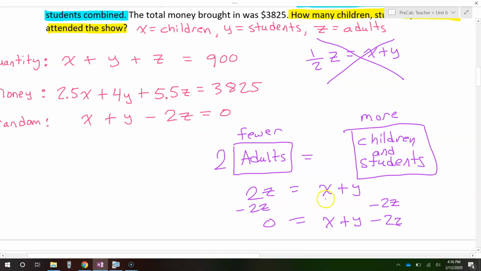Of course, I could have subtracted X and Y instead, and that would give me negative X minus Y plus 2Z equals 0. And that would also work.